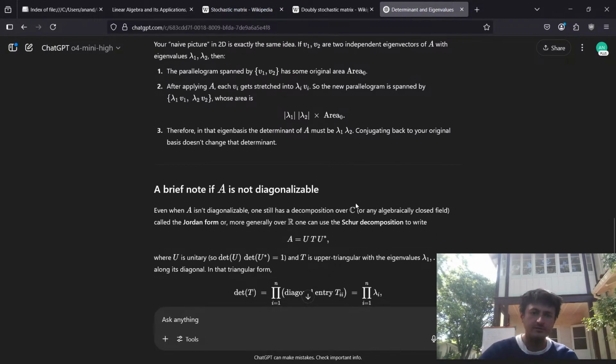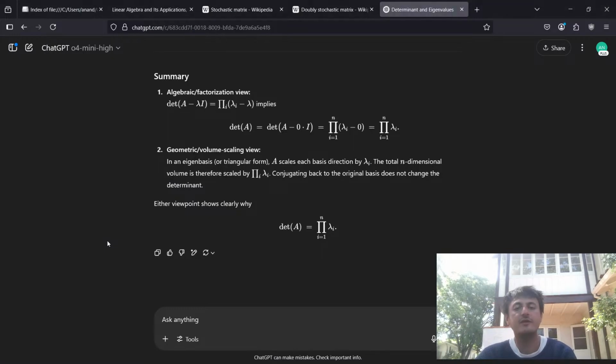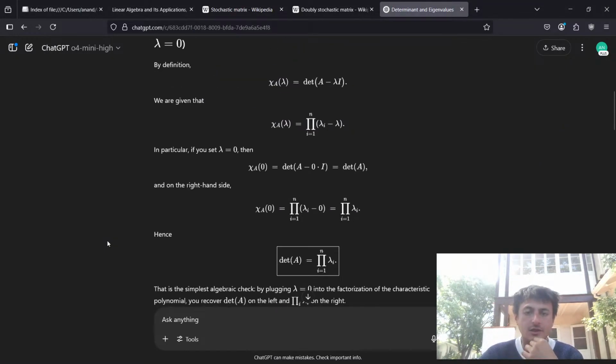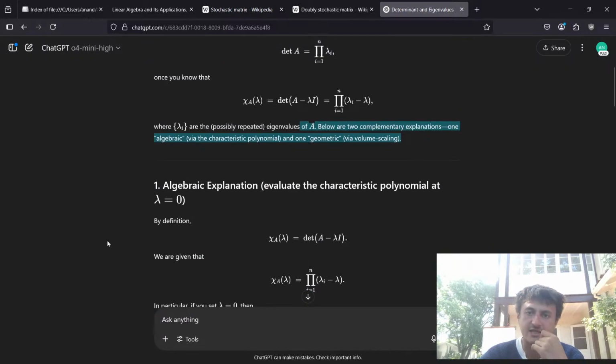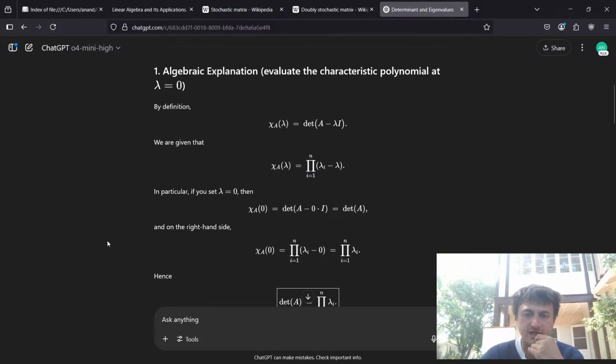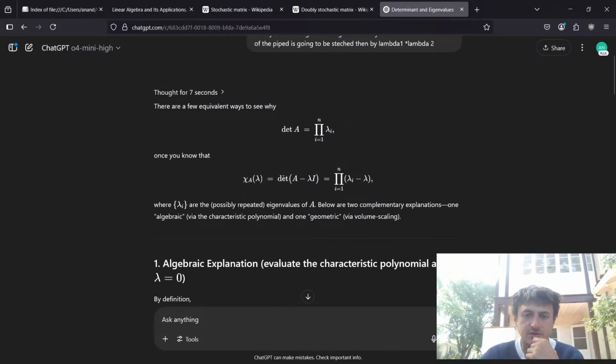Okay, that was a pretty good problem. I like that one. So the easiest way to think about why, if you have the characteristic polynomial, the determinant of A itself is just the product of the eigenvalues, is you just plug in lambda equals 0, because you've assumed it's like this for these distinct eigenvalues.